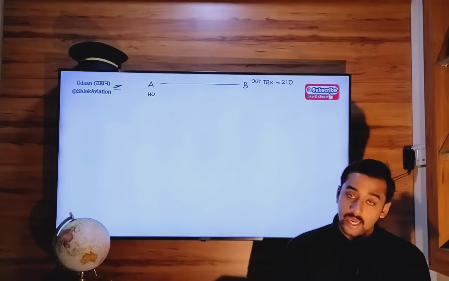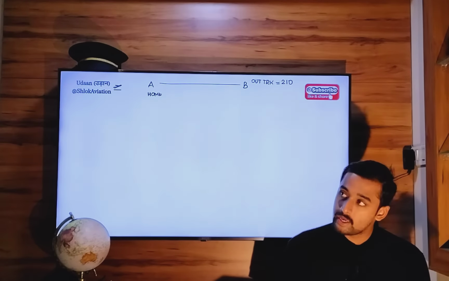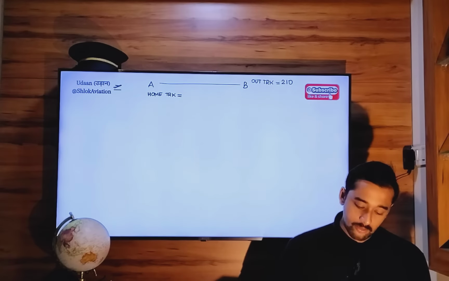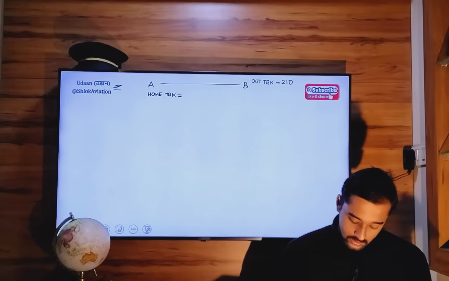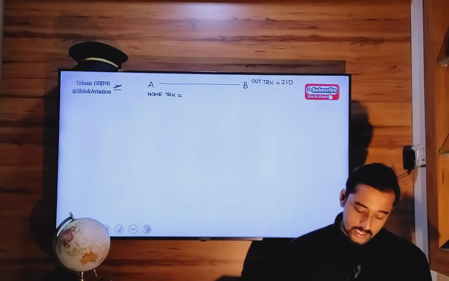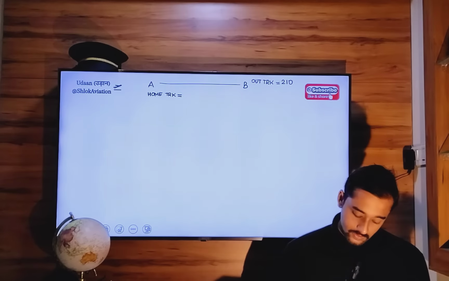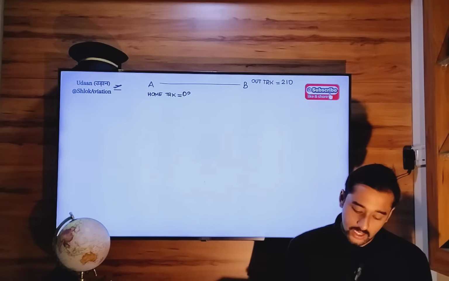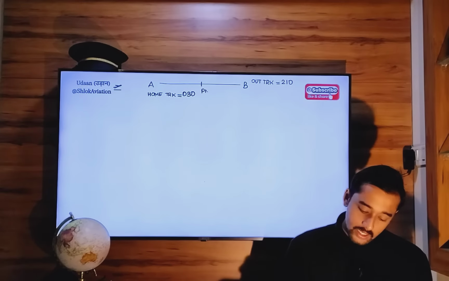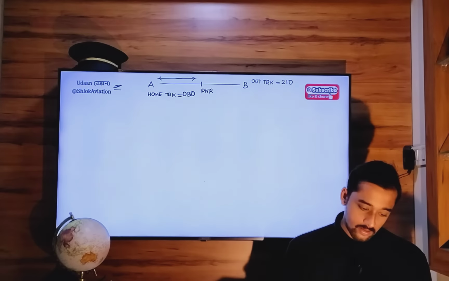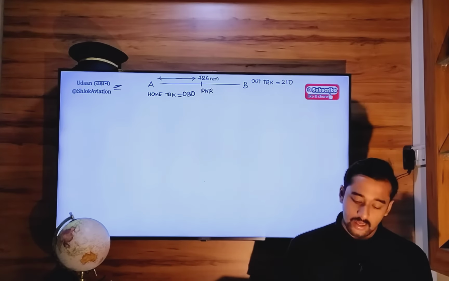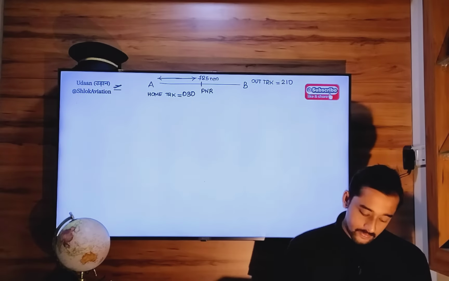B to A, or PNR to A, our homebound track will be equal to the reciprocal of 210, that is 030. PNR is here. The distance between A and PNR is 785 nautical miles. Now we will make a table for PNR.